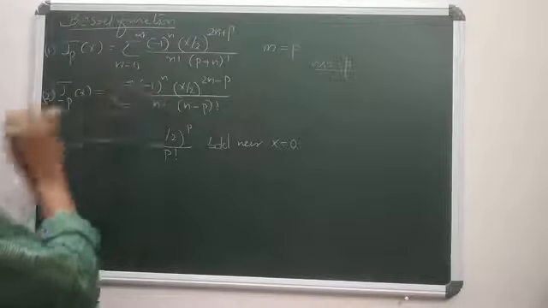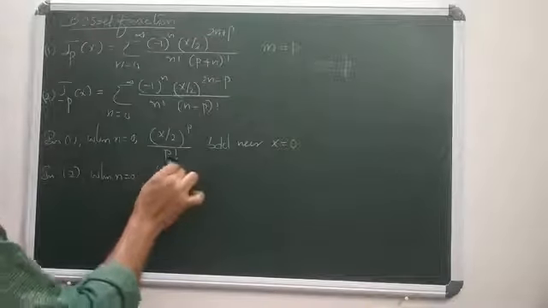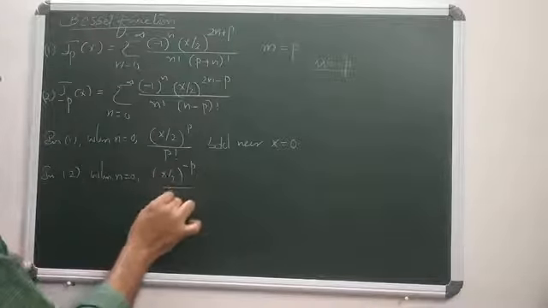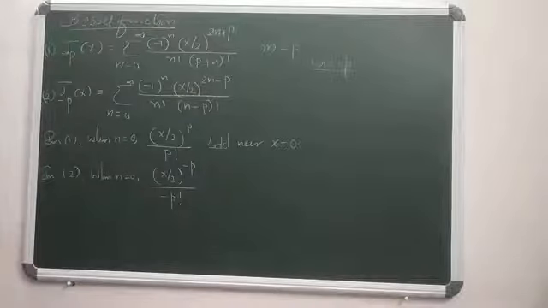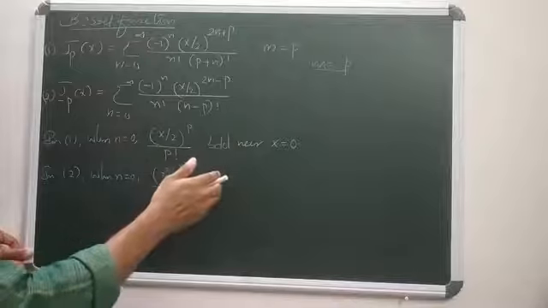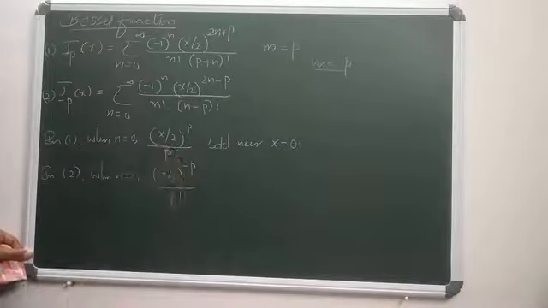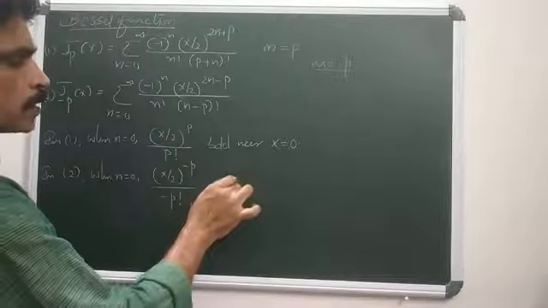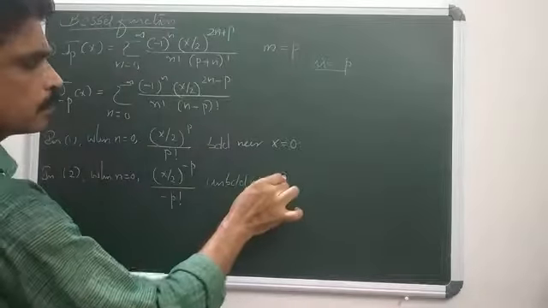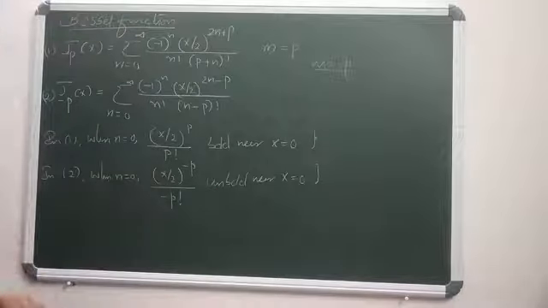The first term in equation 2 is (x/2)^(-p) divided by (-p) factorial. (x/2)^(-p) is 1 by (-p) factorial into 1 by (x/2)^p. Clearly, it is unbounded near x equals 0. So the first term of J p x is bounded near x equals 0. The first term of J minus p x is unbounded near x equals 0.